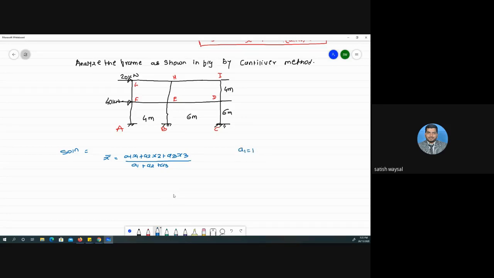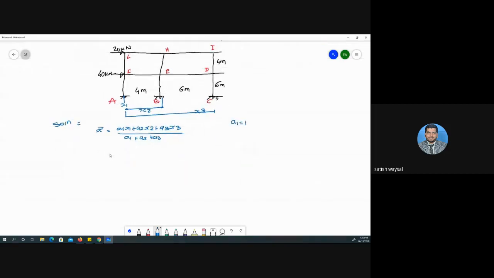Always remember that if the area of the column frame is not mentioned in a problem, always consider a1 equal to 1. Now here x1 will be here, x2 will be the distance from this to this, and the third distance will be x3 over here.